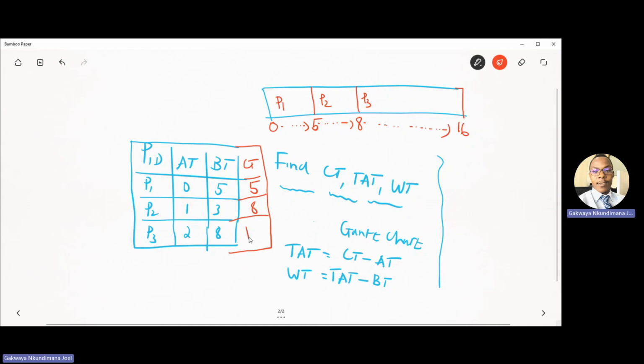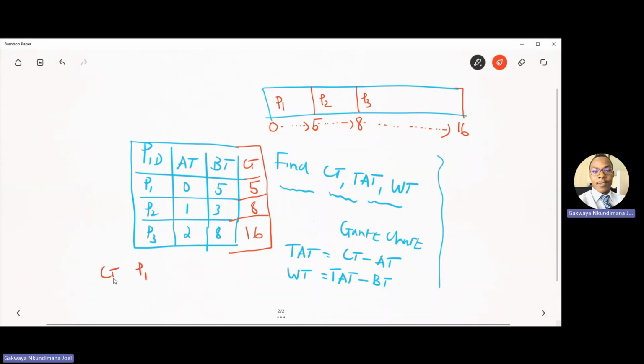So it's 16. Here is a hint. Now completion time will be equal to, for example, I write here, just for you to learn, this is equal to 16, just for you to see what we're doing here. Let's say completion time of process 1.